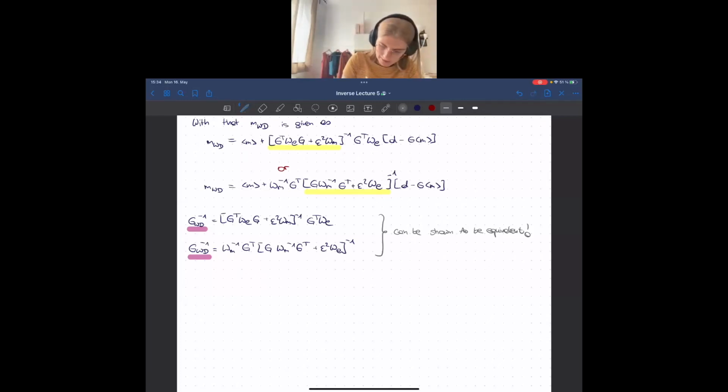And last thing here to note, this epsilon square has an effect, or it is sort of the effect of damping the instability.